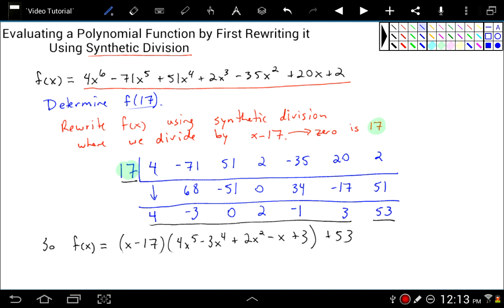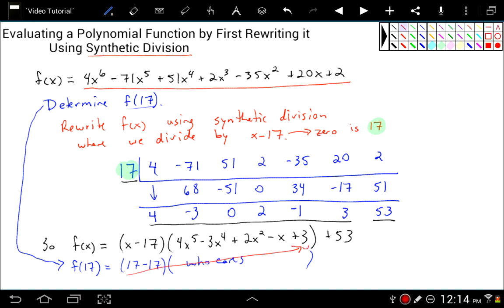Now I'm going to answer the question. What's f of 17? Well, f of 17 is 17 minus 17 times, who cares, because when I multiply all this stuff together, this all becomes 0 plus 53. 0 plus 53 is 53.